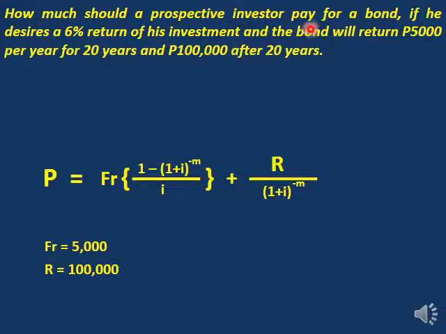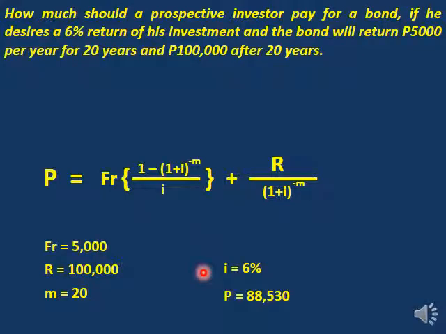Although we do not know the face value of the bond. And then the maturity is 20 years. And i, which is the desired interest, is the interest of the fictitious bank the investor is referring to.